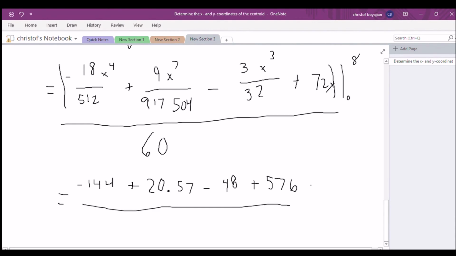And of course, if we evaluate this at 0, it's going to be 0. Divided by 60.